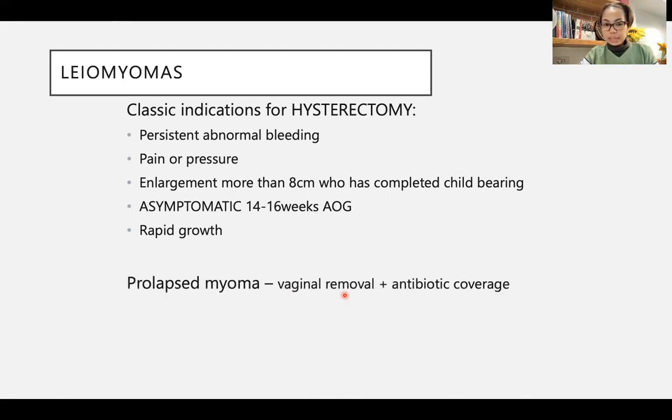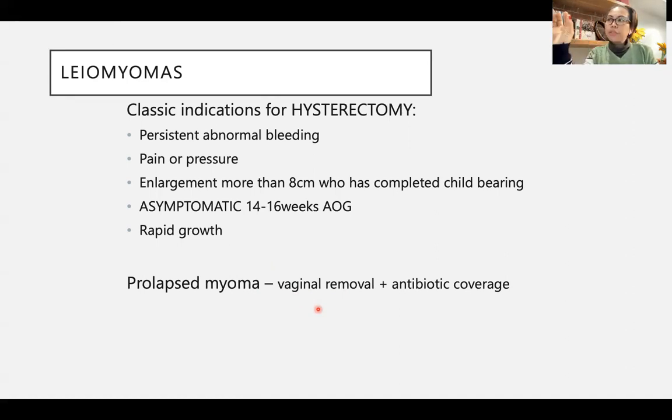There are also cases where the myoma can prolapse, especially in cases of pedunculated submucous leiomyoma. What does prolapse mean? It can go even out of the cervix to the vagina, causing bleeding. Since it's in the vagina already, we can do vaginal myomectomy. We can twist it from the base, or we have different surgical techniques.